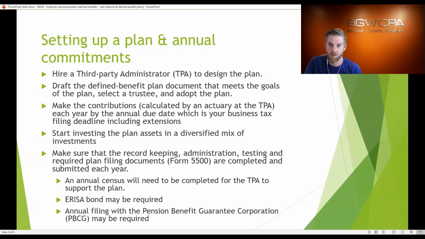Basically that is just employee data: when they were hired, possibly terminated, dates of birth, and compensation. I've seen ERISA bonds that are required for these types of plans. And then also there is some annual filing with the Pension Benefit Guaranty Corporation, or the PBGC, that may also be required.